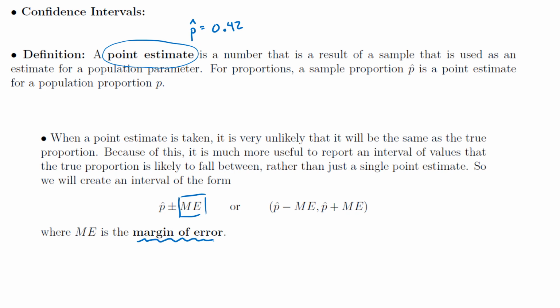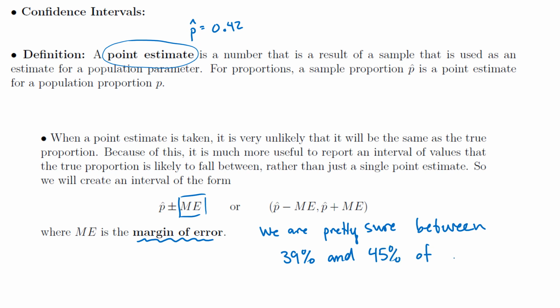And in the end, what we want to be able to say is something like this in this example: we are pretty sure between 39% and 45% of voters plan to vote for our candidate.